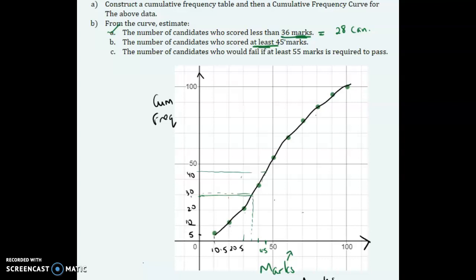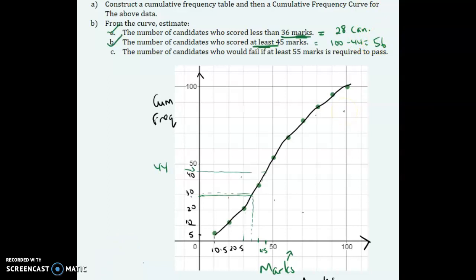They want the number of persons who scored 45 marks or more. So if reading this off here, I got say 44 as the number of people who scored up to 45 marks, then my answer here will actually be 100 minus 44, which will end up being 56 candidates. So this is the answer for part B here.